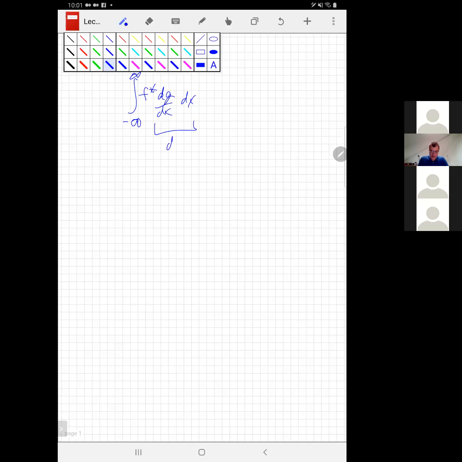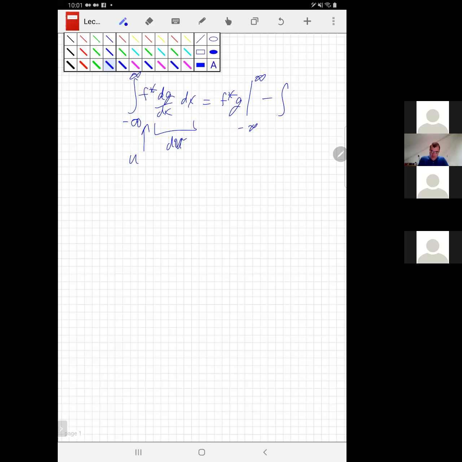And of course, this is dv and this is u. So we're going to get f star g evaluated at minus infinity and infinity, minus the integral of g df star dx.